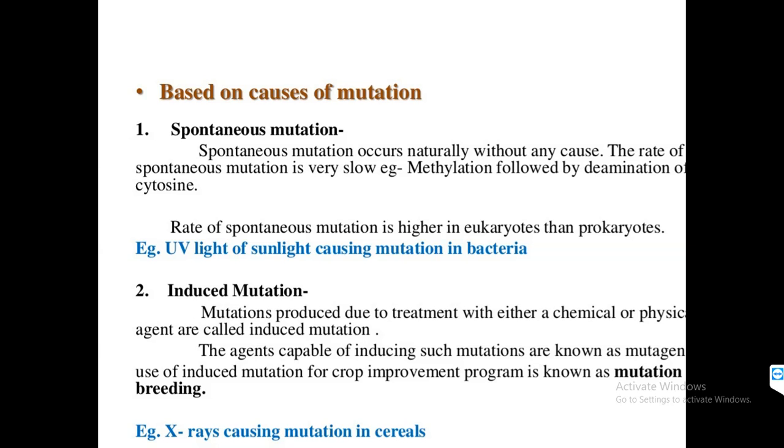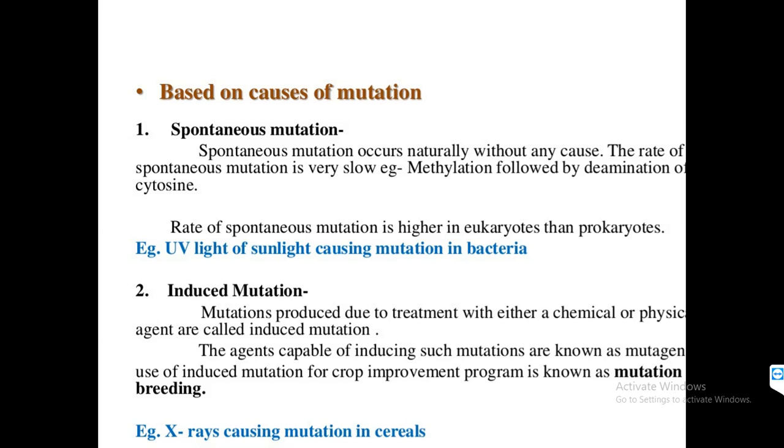This UV light has the capability of causing mutation, that is, it has the ability to change our base sequences. So this UV light is very harmful, and in bacteria, which are prokaryotes, the UV light is a cause of spontaneous mutation.